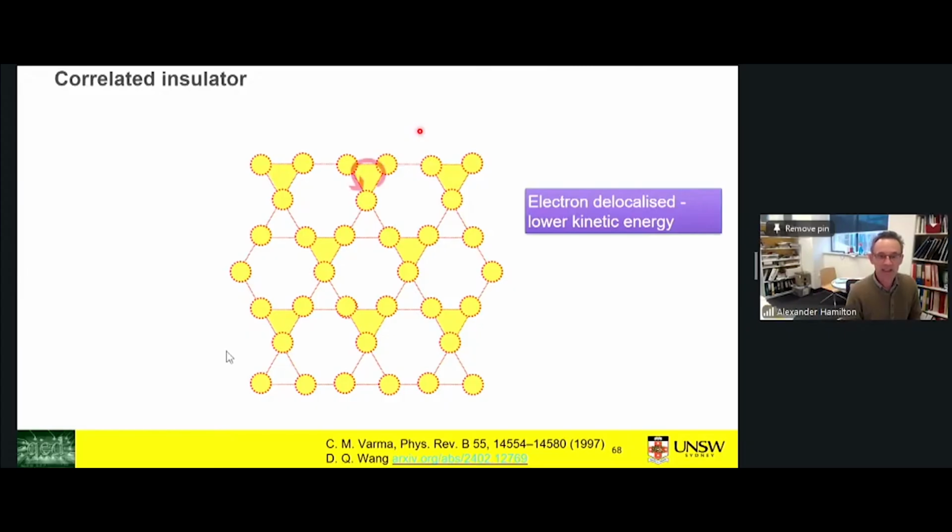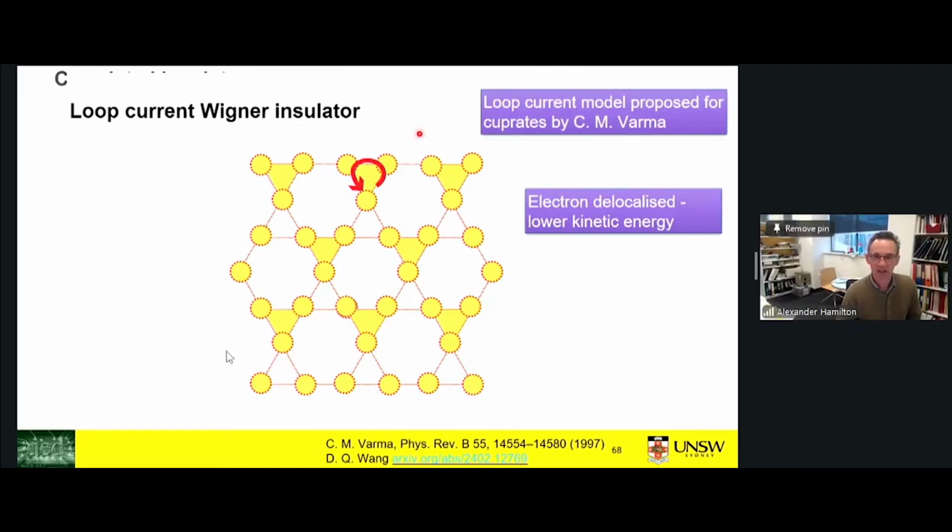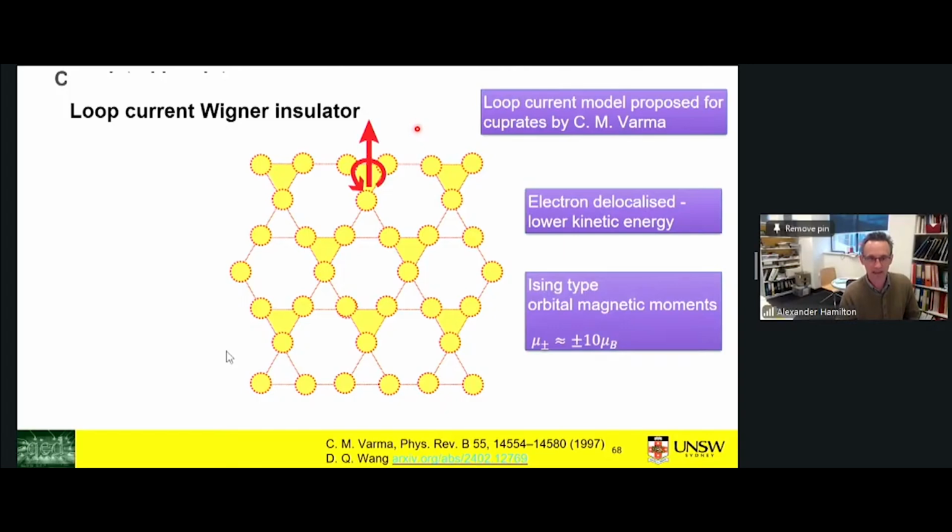If the electron delocalizes, then that creates a circulating current. And if I have a circulating current, that generates a large magnetic moment. And so this thing is called a loop current Wigner insulator. It's a model proposed by Chandra Varma for the cuprates. Each of these sites generates a local magnetic moment, and that local magnetic moment is rather large.